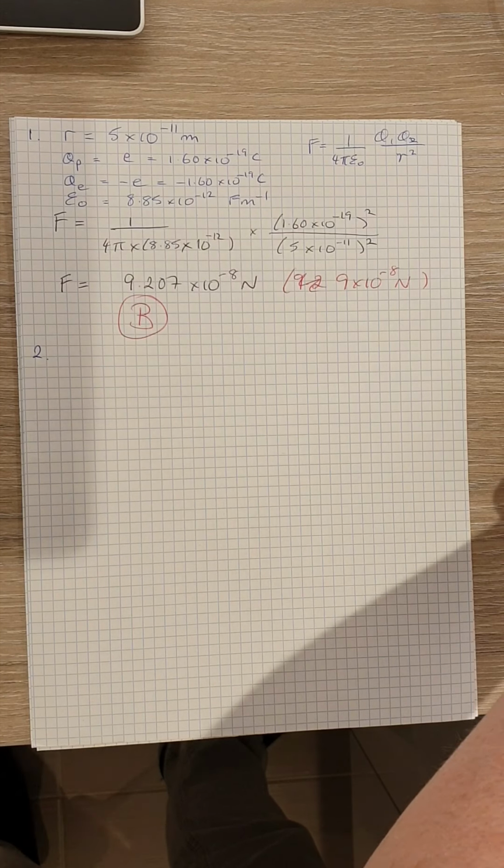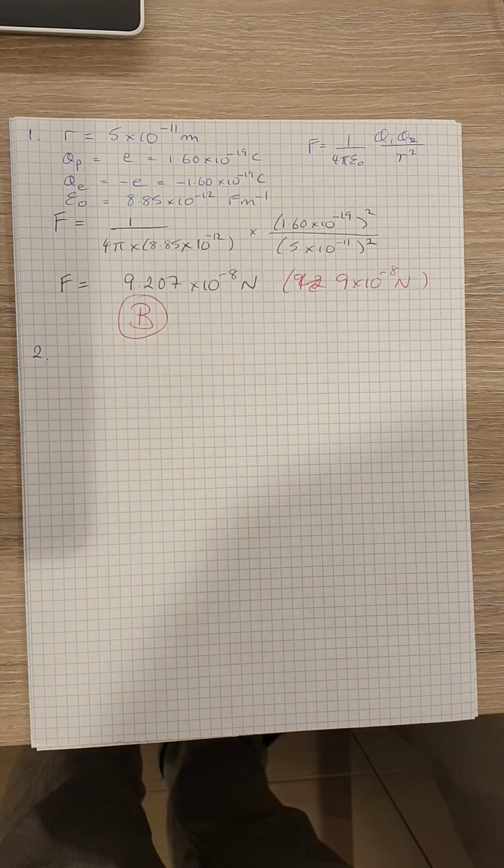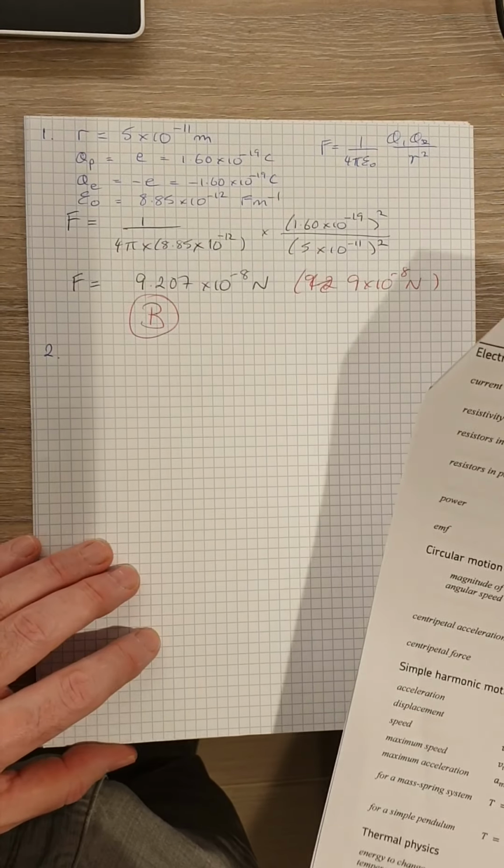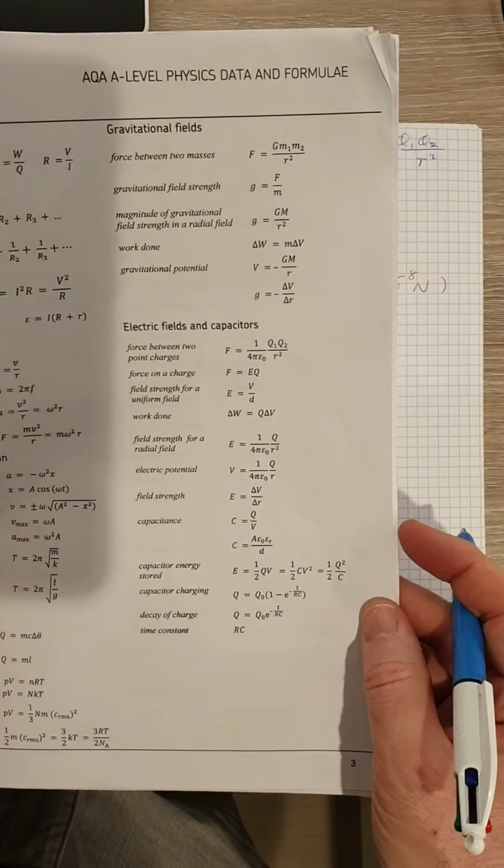Okay, question 2 is the same arrangement of the proton and the electron, same distance apart, but now we're looking for the potential energy. So the numbers are the same as in question 1, and here we're using the electric potential equation.